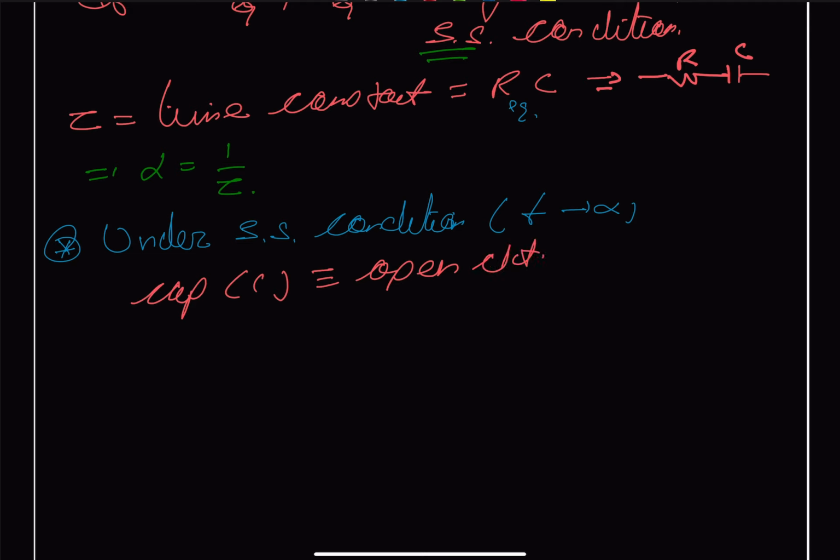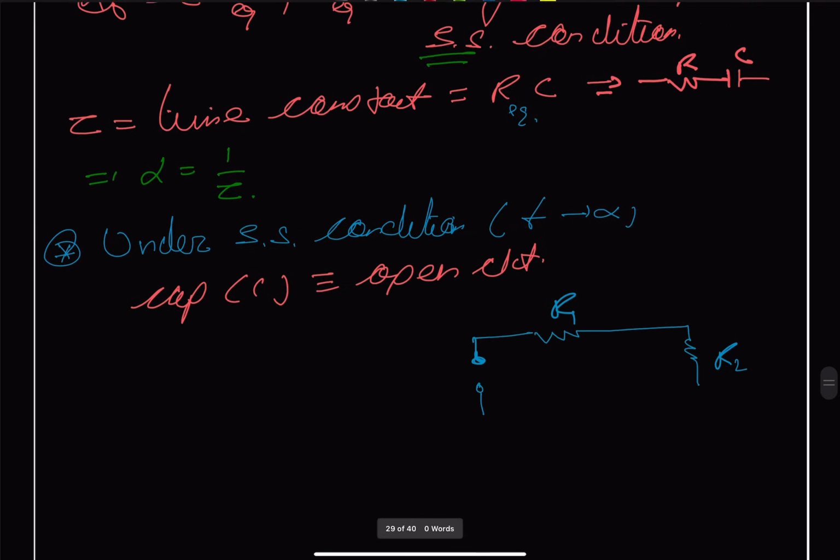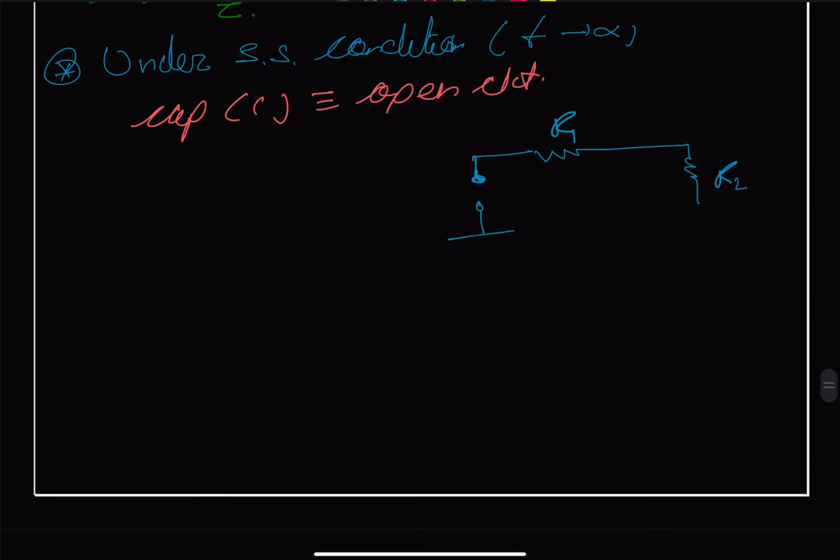So we can just redraw the given figure. We have R1, R2, the switch is closed, and the voltage is given as V, and the capacitor is acting as an open circuit. So this is the basic circuit.